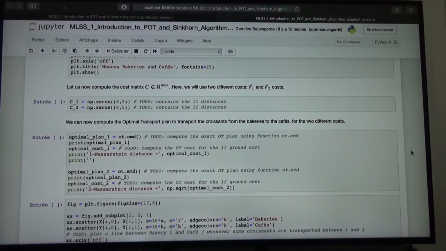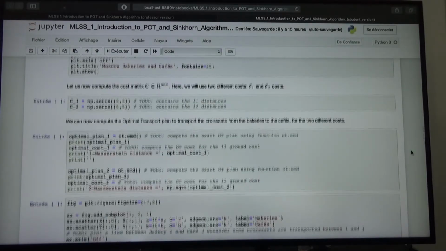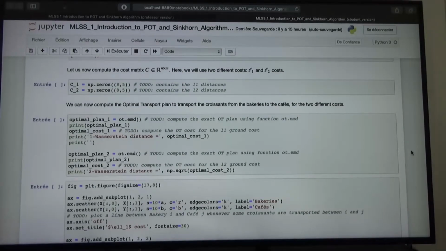And once you have this, you can compute the optimal plan using the function EMD, that stands for Earth Mover's Distance. The first two arguments of this function are the weights, that is here the productions and the demands of the bakeries and cafés, and then the third argument is the cost matrix that you've just computed.